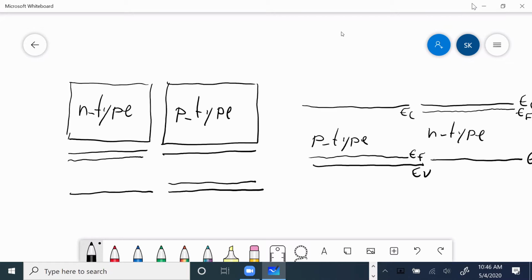This is full of, for example, arsenic, and this is full of boron. Both silicon though. They are both silicon, but this is doped with arsenic, this is doped with boron. The energy band looks like this, and the energy band looks like this.